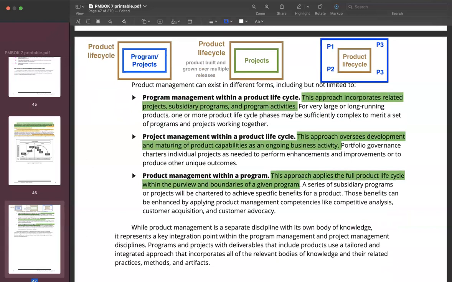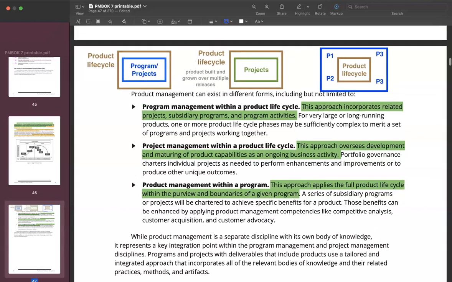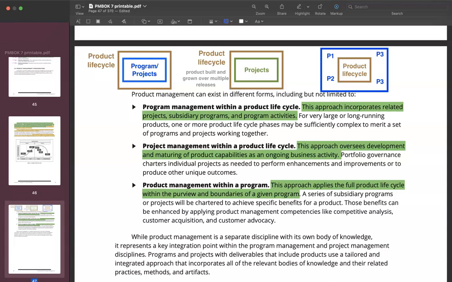Next, it says project management within a product lifecycle. It says this approach oversees development and maturing of product capabilities as an ongoing business activity. Similar to the previous point, you can have several programs and projects that can grow the product.